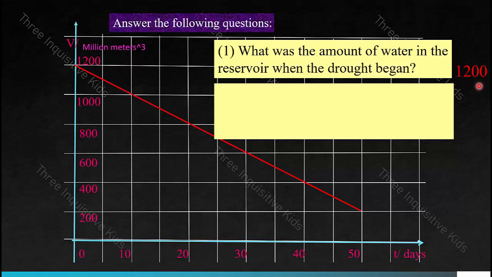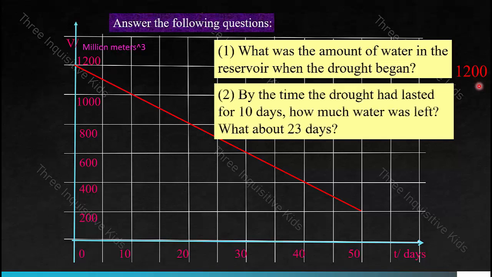I think you might get it, but when you're solving an actual question, say on an exam or a test, you need to make sure you include the proper unit. And 2, by the time the drought had lasted for 10 days, how much water is left? What about 23 days? Well, for 10 days, you trace when t is equal to 10, since t is equal to the amount of time the drought has lasted, and then you find its corresponding y value, which in this case is 1,000.